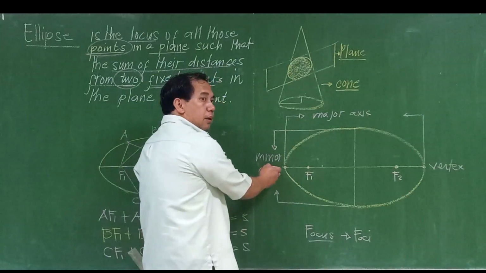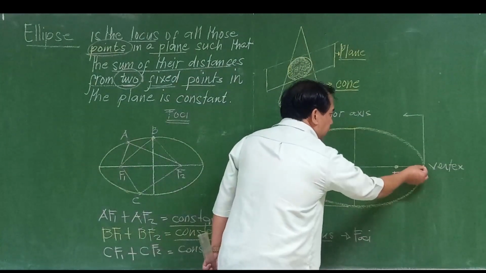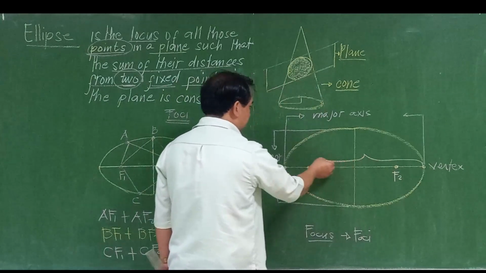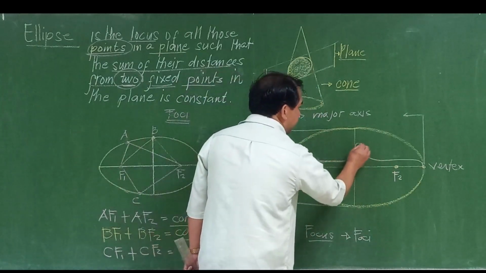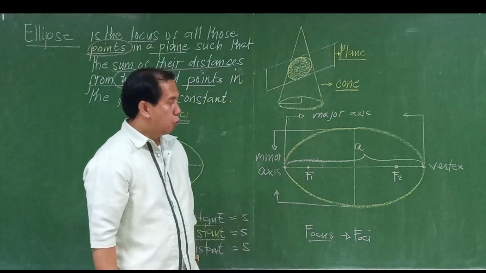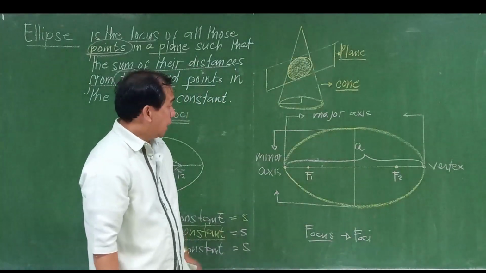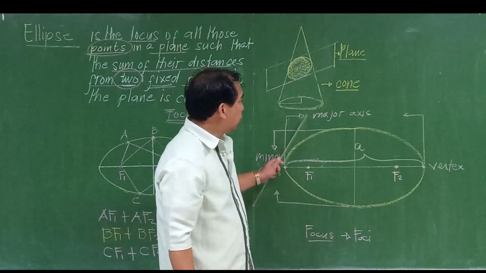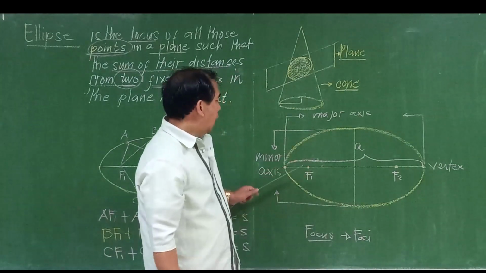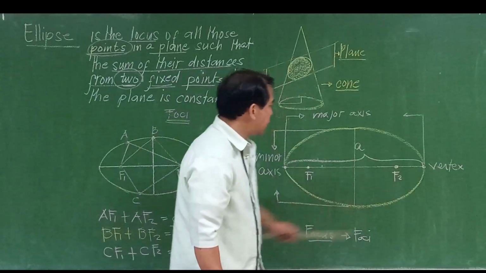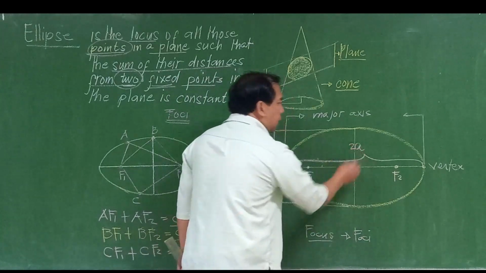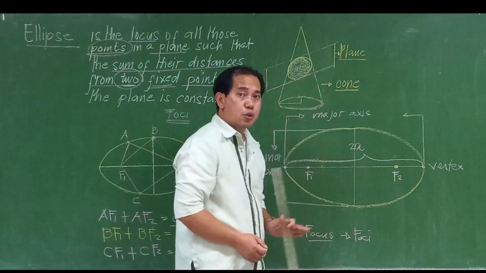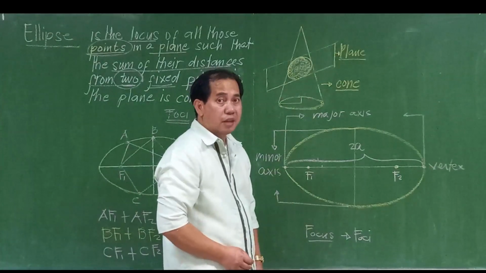Now, from the left side to the right side is actually our A. So, the measure of this line segment, or what we now call the major axis, from this vertex to this vertex is actually 2A. So half of it is A.